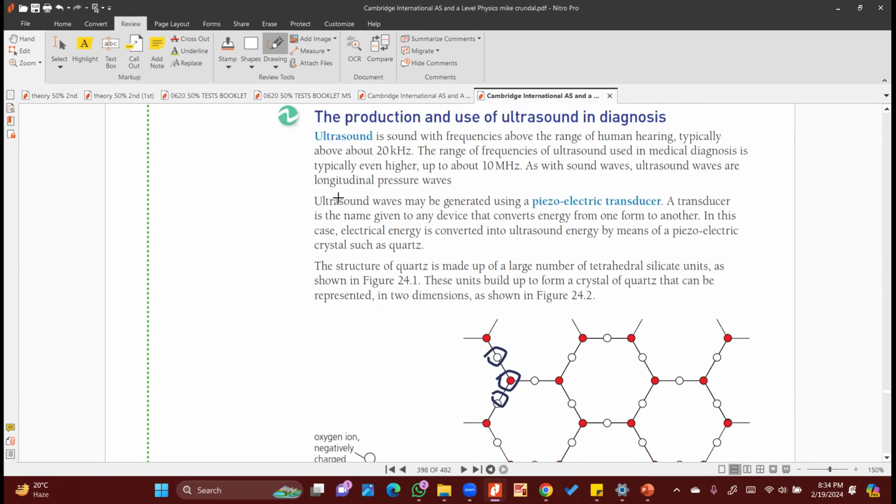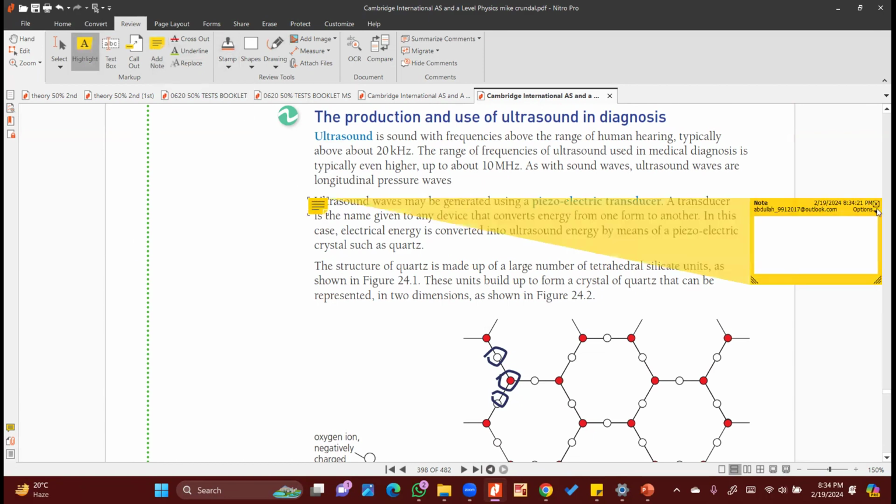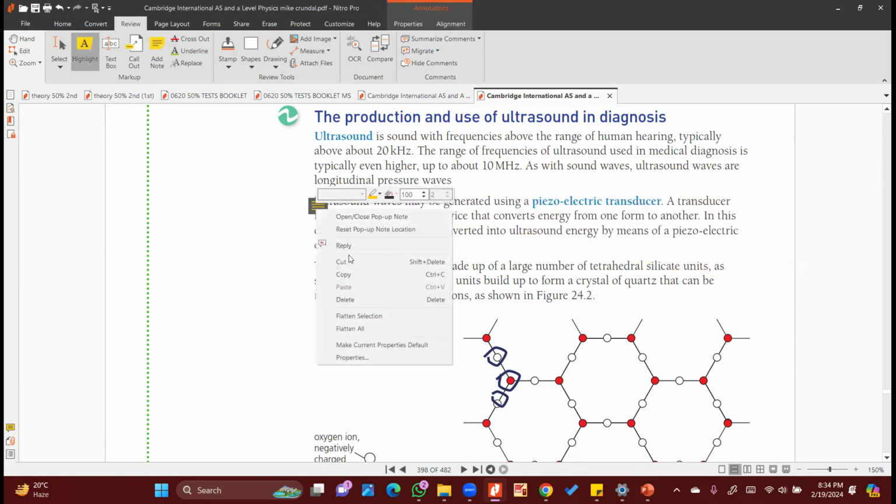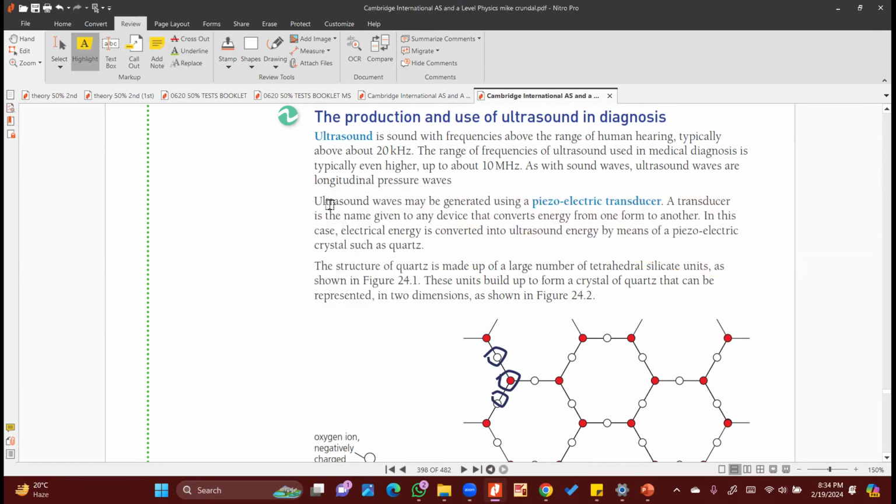Ultrasound waves may be generated using a piezoelectric crystal.